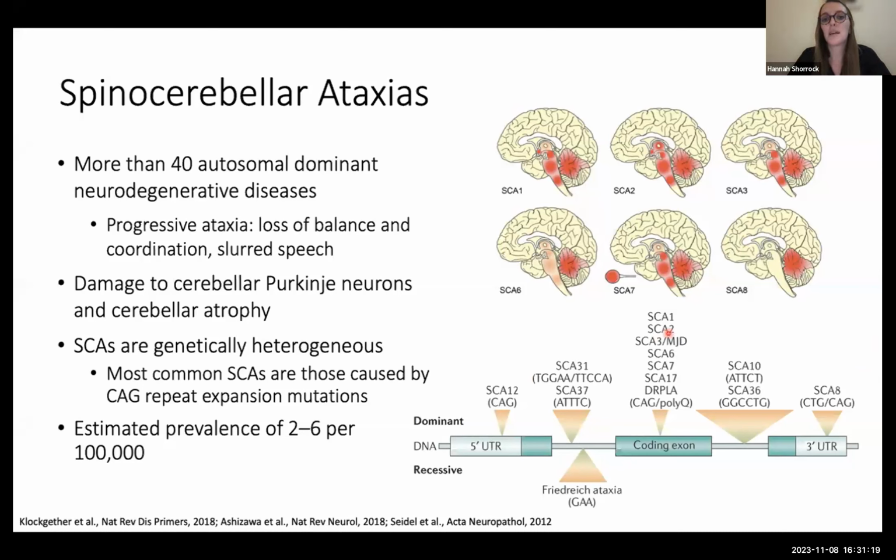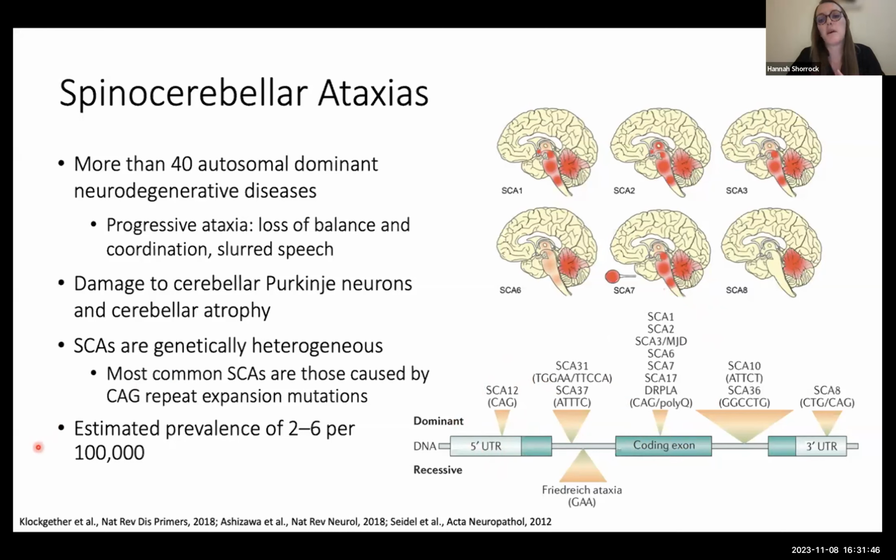So, for example, a CAG repeat expansion within a coding exon of ataxin 1 is causative for spinocerebellar ataxia type 1. And this is the case for many subtypes of spinocerebellar ataxias, where a CAG repeat expansion within a coding exon causes that disease. And for SCA12 here, we have a CAG repeat expansion that causes the disease, and this is located within the 5' UTR.